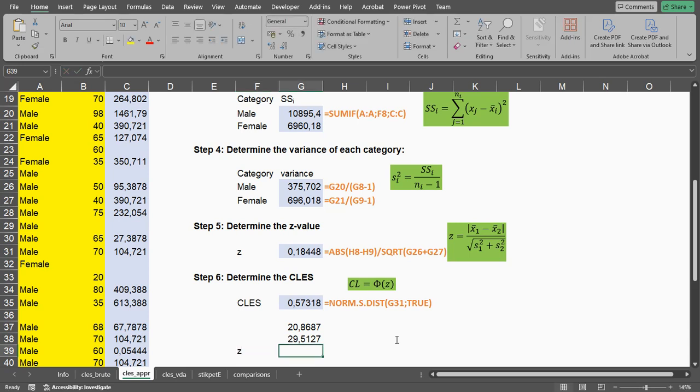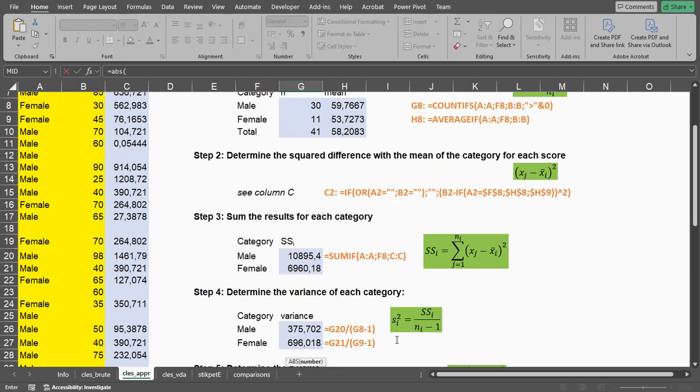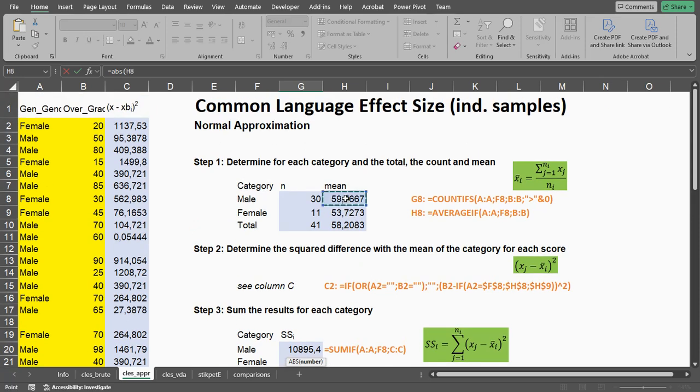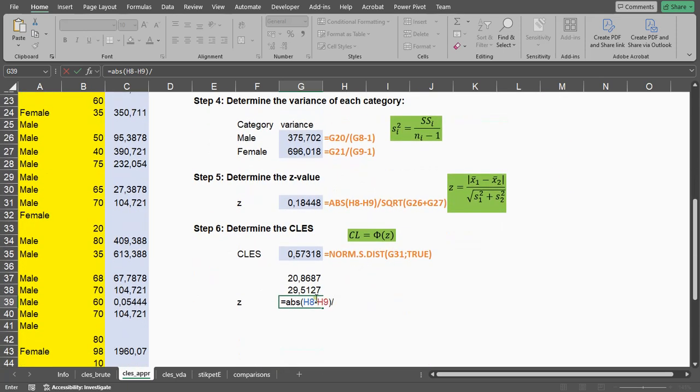So now our z value will be the absolute value of the difference of the two means, this one minus that one, divided by the one we just calculated. Then again, similarly, we take the normal distribution, NORM.S.DIST, with that z value, set to true, and then we get a slightly different result.